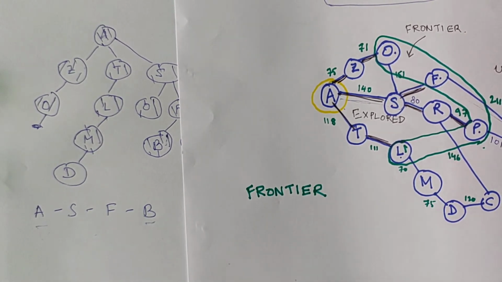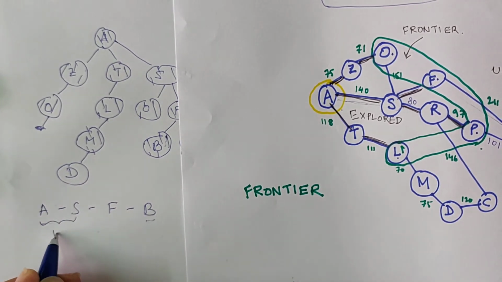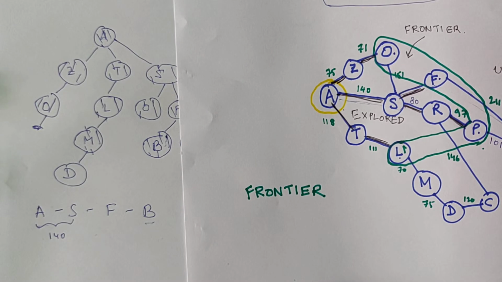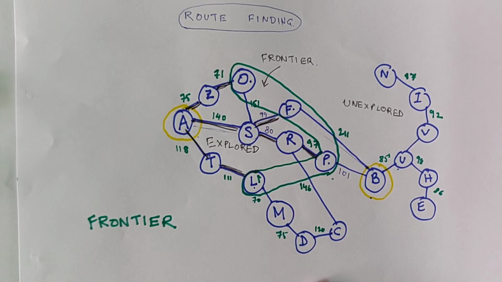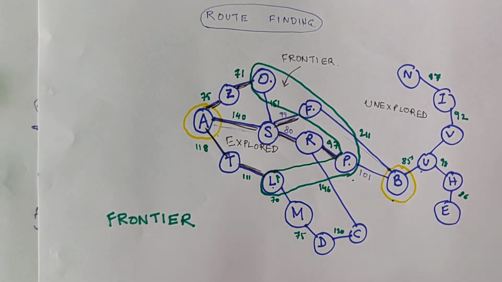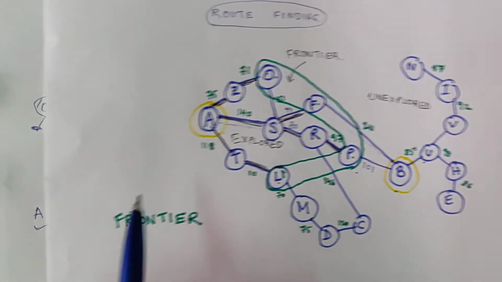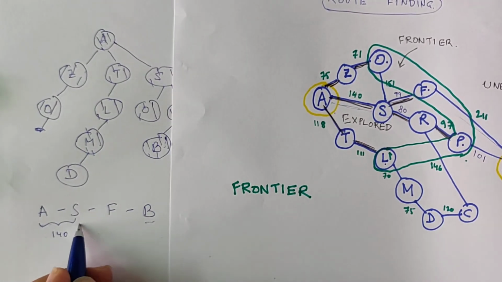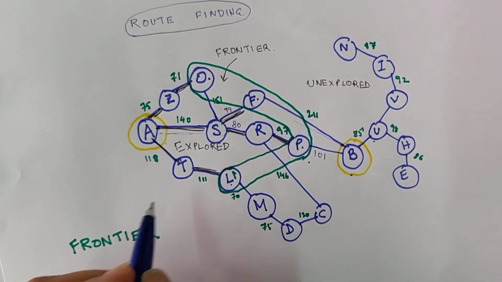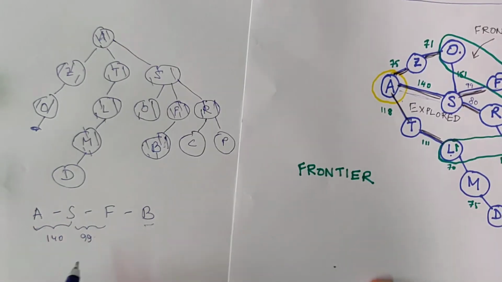Let us see. From A to S it is 140. From S to F it is 99. And from F to B it is 211.